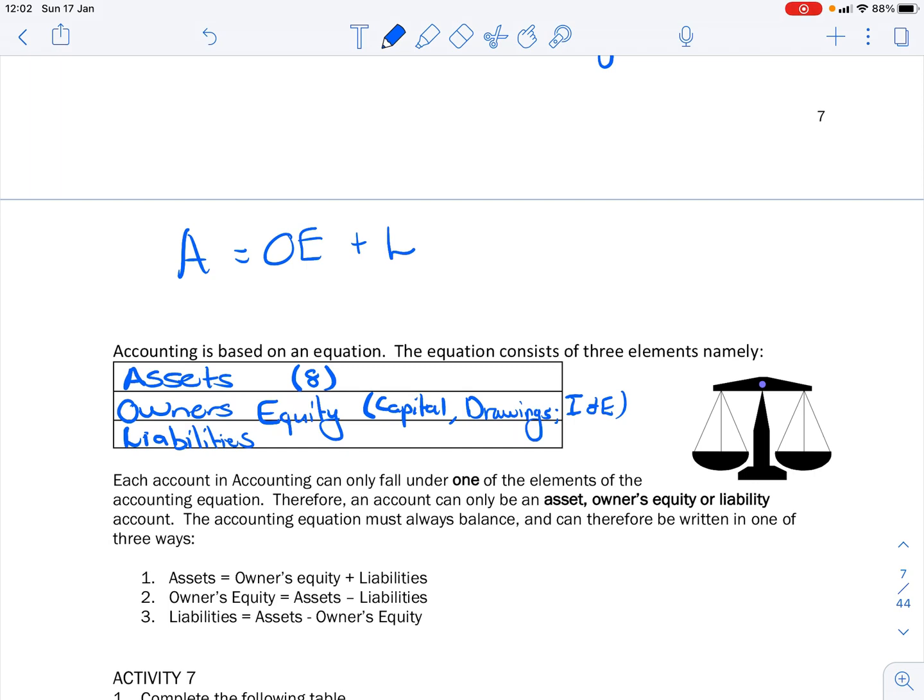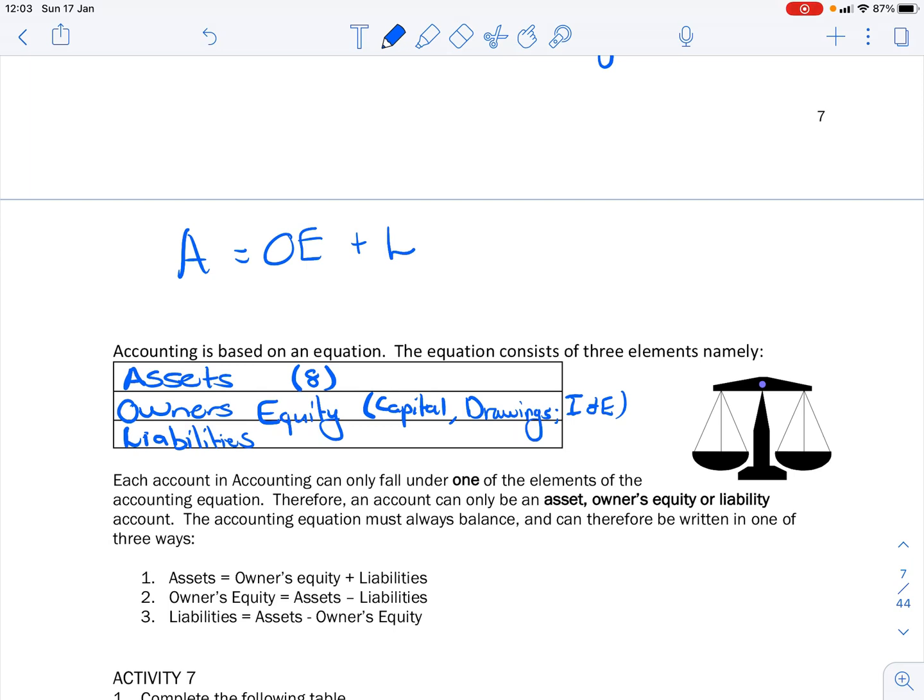And then we have our liabilities. So this might be a mortgage loan, creditors control, anything that we owe, right? Now, an account can only therefore be either an asset, owner's equity, or a liability account.